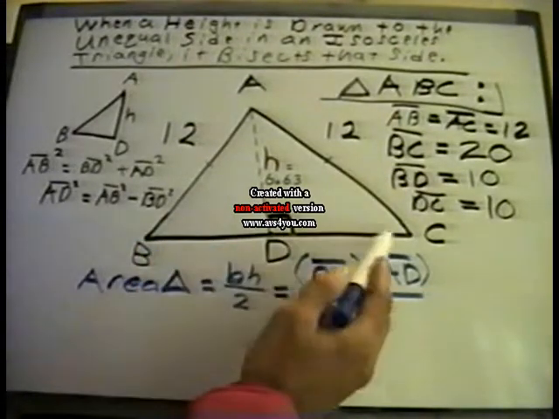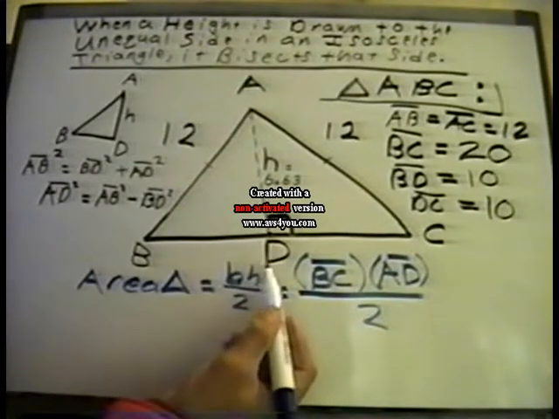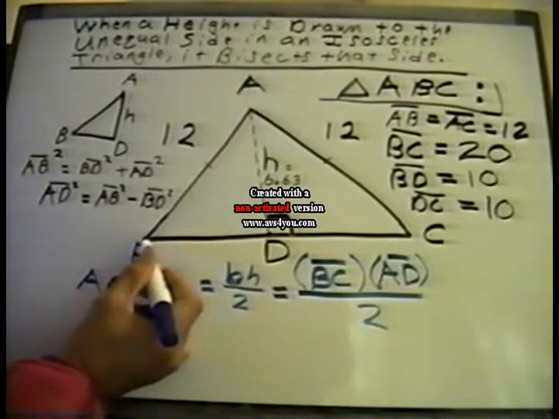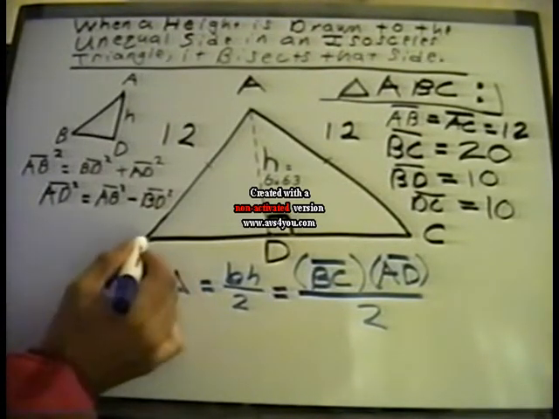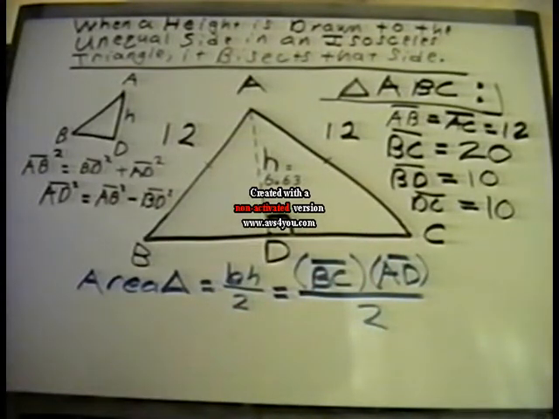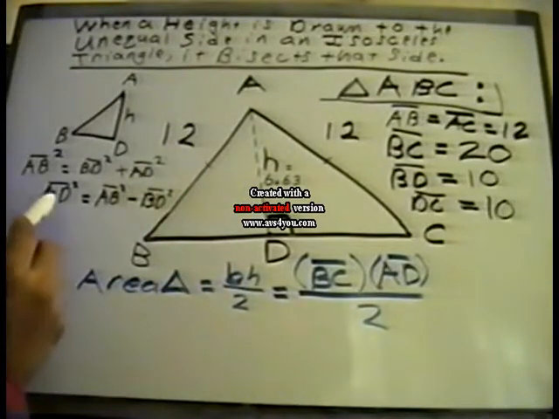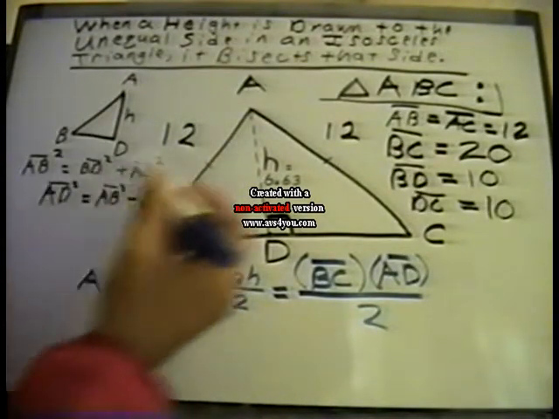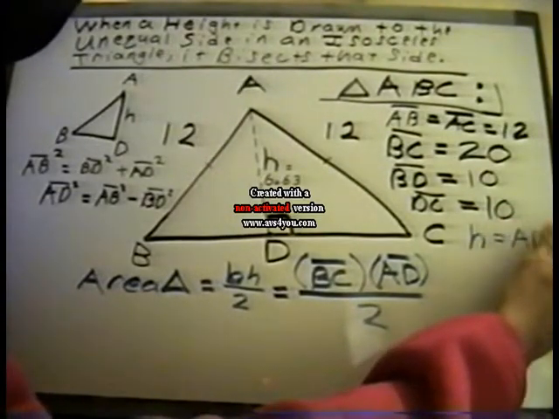To say BC is to use conventional notation, which means we're determining the line by its endpoints. So you should do it either one way or the other. That's why instead of H, I put its equivalent AD, where H equals line segment AD, the height.